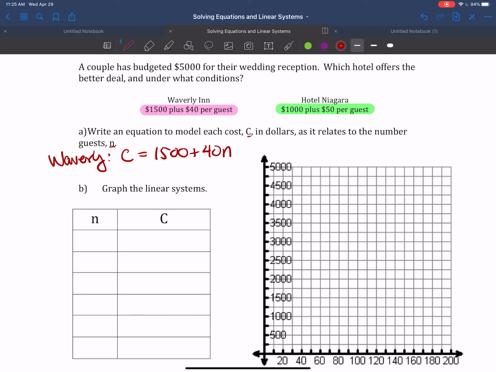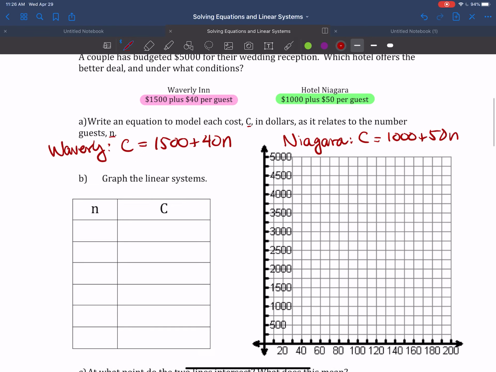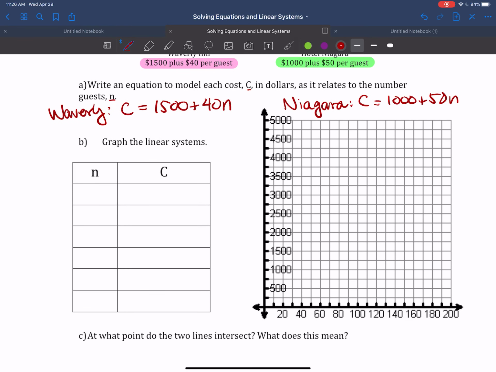So we would multiply by the number of guests. For Niagara, it would be $1,000 plus $50 per guest. So let's see what that would look like if we graph it.